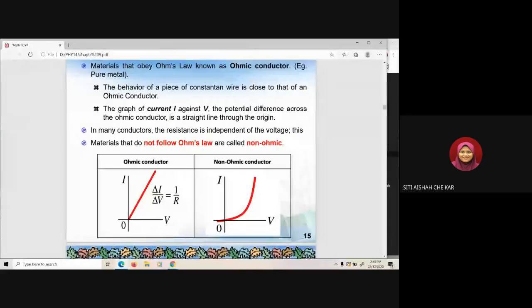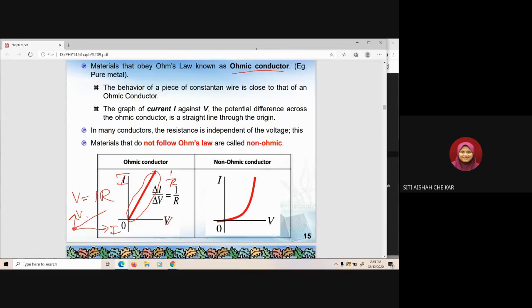So we have the ohmic conductor. This graph follows Ohm's theory, which is V equals IR. If we sketch a graph of I versus V, its slope is 1 over R. Or we usually draw the graph of V versus I, and we also get a straight line.